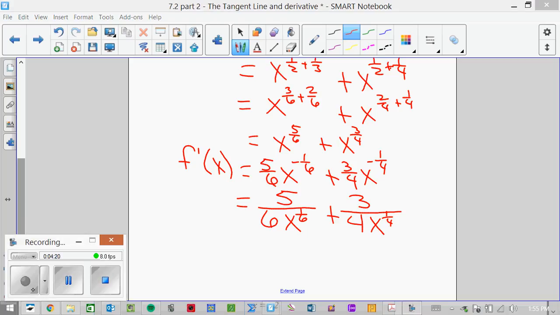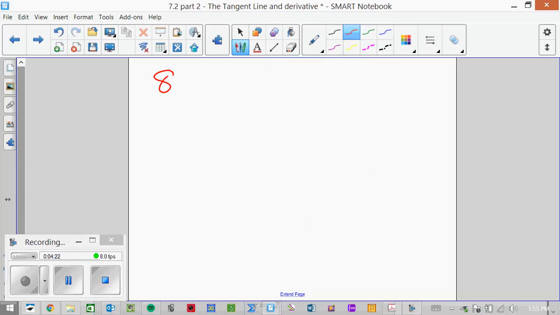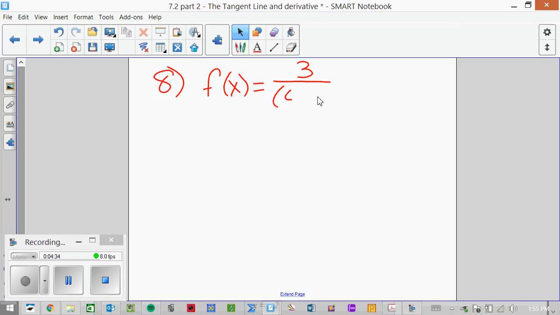All right, so number 8. So 8 was f of x equals 3 over the quantity 4x squared.